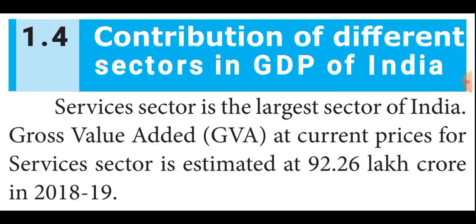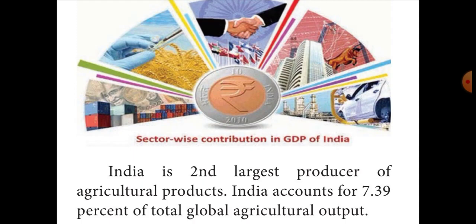With a GVA of 50.43 lakh crore rupees, the industry sector contributes 29.73%, and agriculture and other allied sectors produced 15.87%.